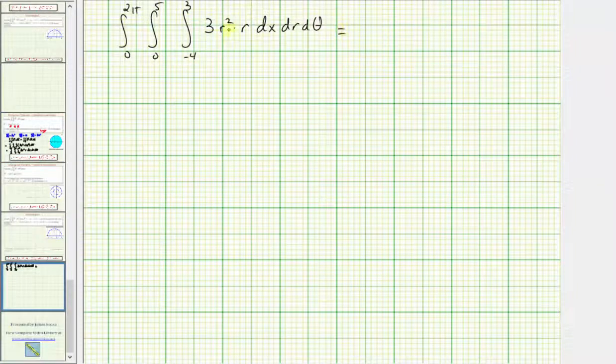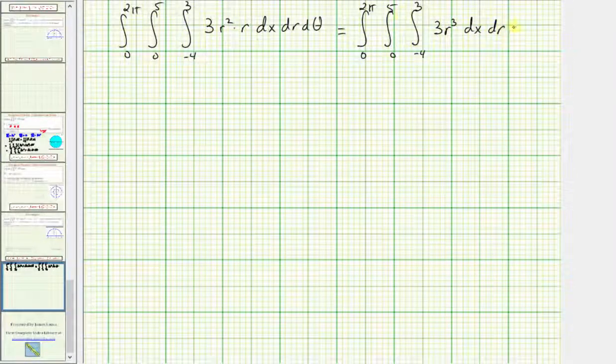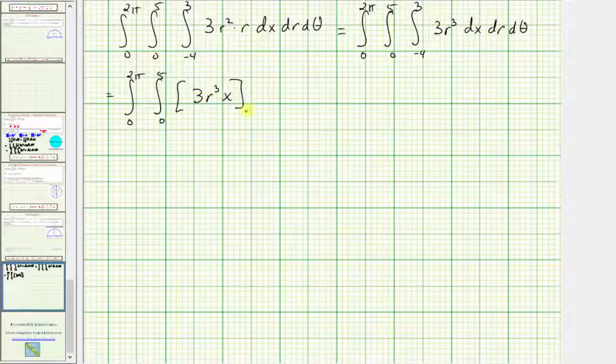Well, of course, we can write the integrand function here as 3r cubed. So we first integrate with respect to x, treating r as a constant. So we'd have 3r cubed x, performing substitution for x.